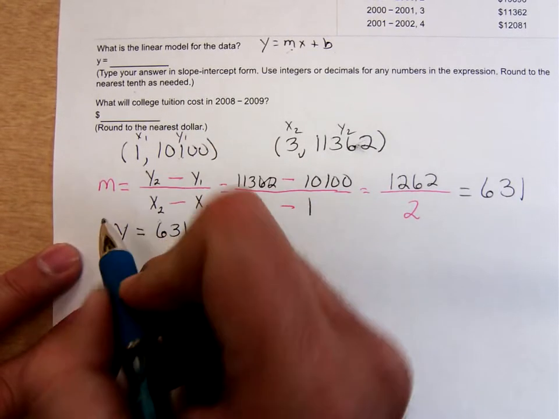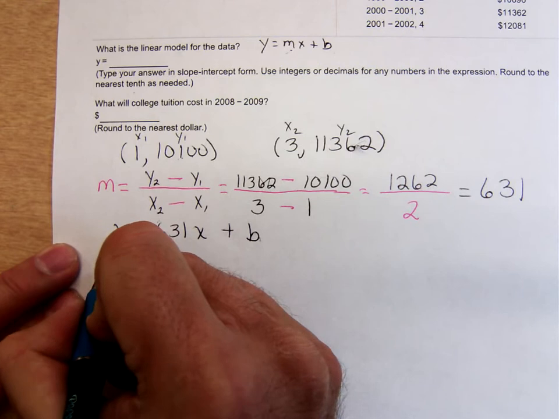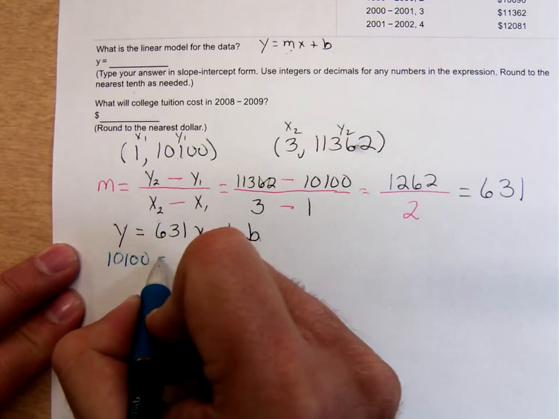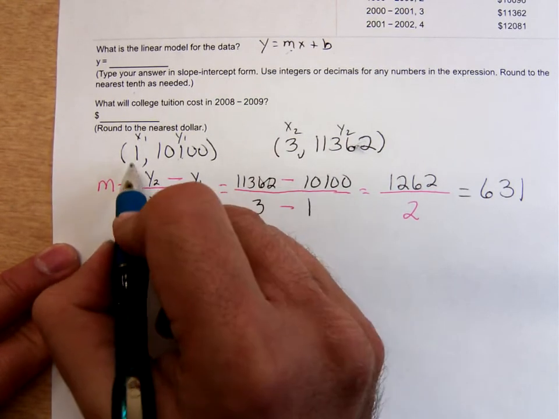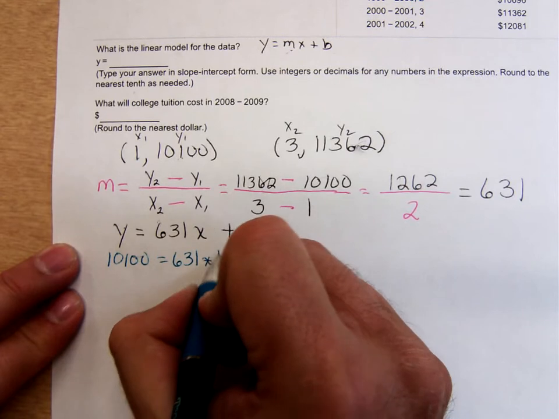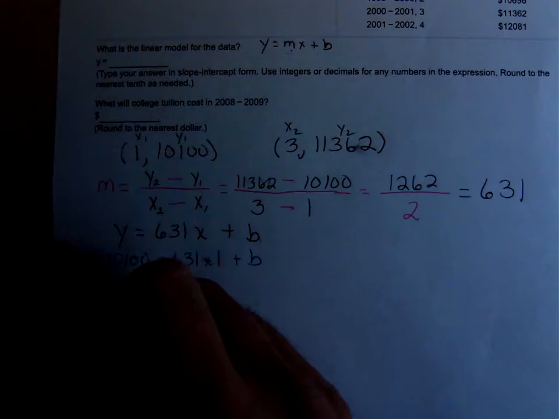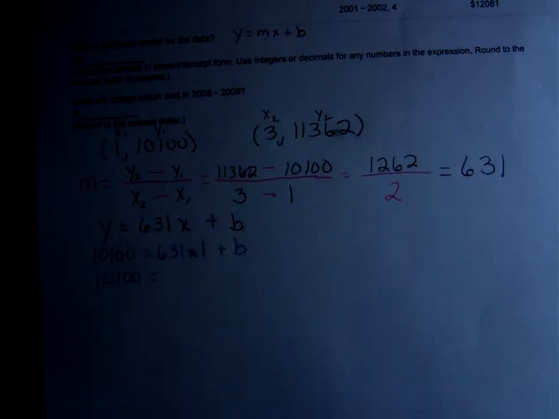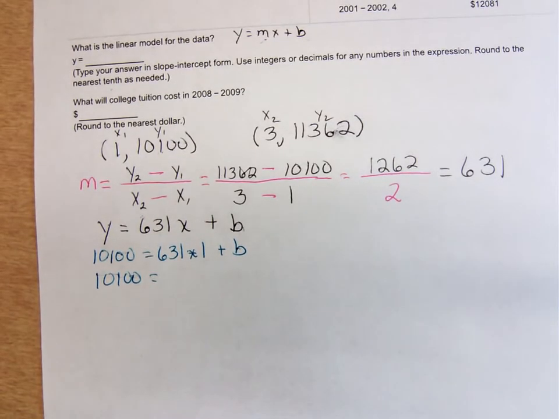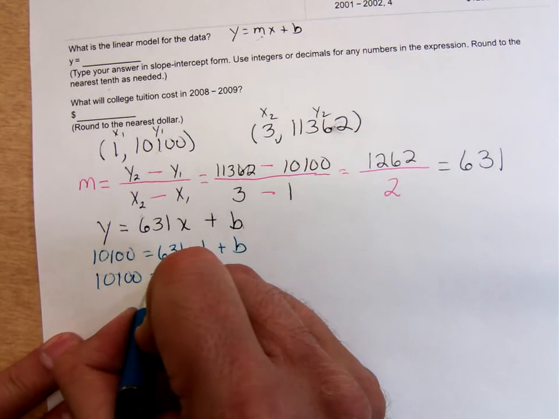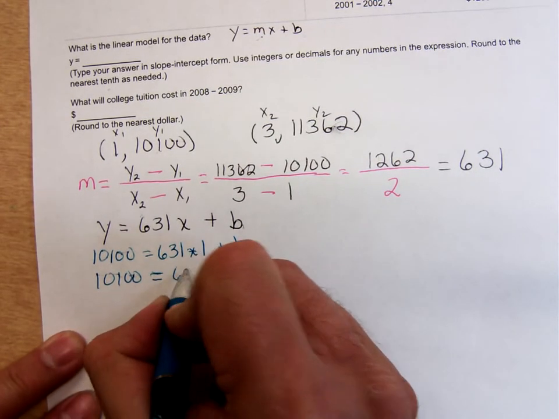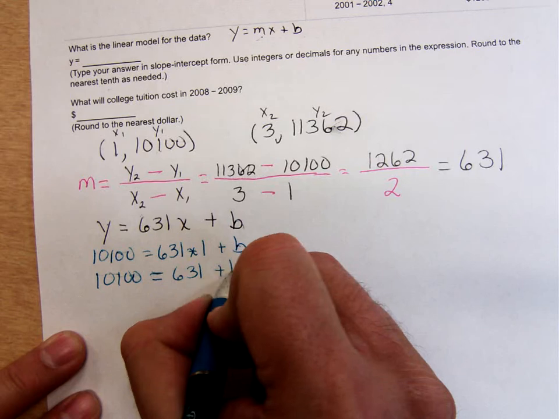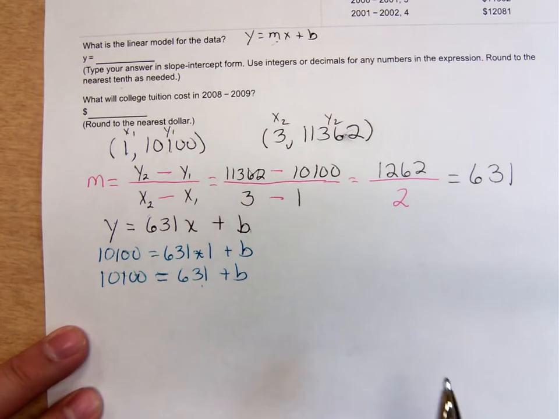Plug 10,100 in for y and plug a 1 in for x. So 10,100 equals 631 times 1 is 631.